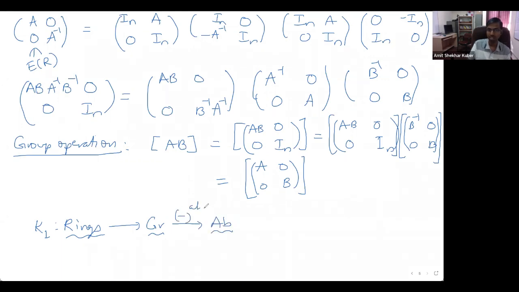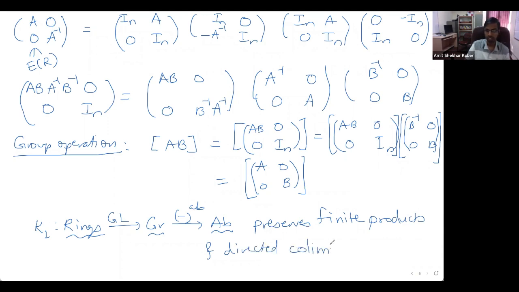This is the abelianization functor, and this is the GL functor. So GL is a functor. If there is a ring homomorphism from R to S, then obviously you have a morphism from GLR to GLS, and then abelianization is also a functor. The composition of them is a functor. So this is a functor which preserves finite products of rings and directed colimits, or direct limits, same thing as direct limits.